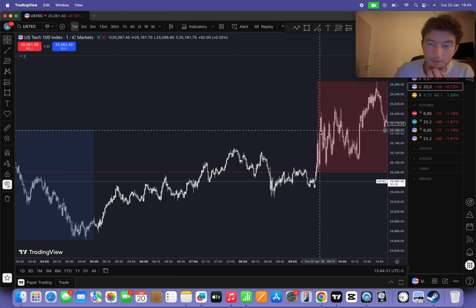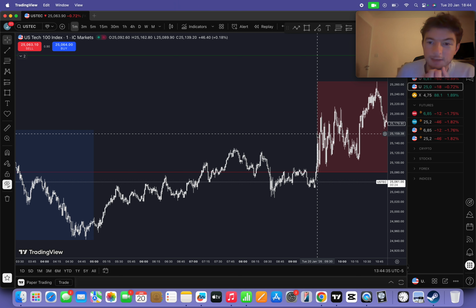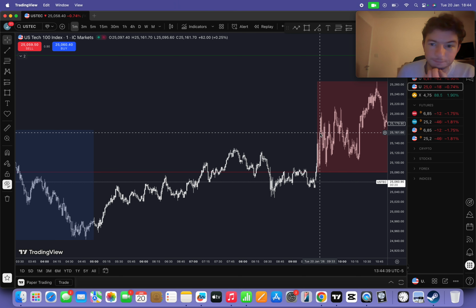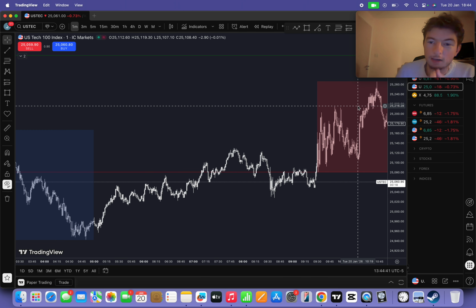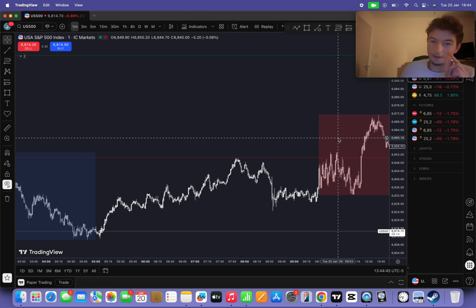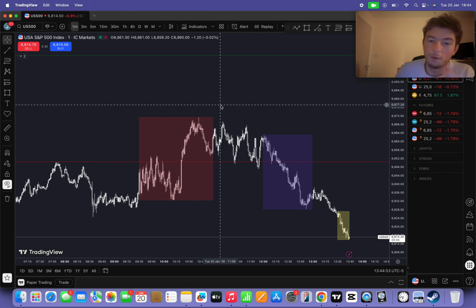So where I went short on the S&P is where the Nasdaq took the London high at the same time. I thought there was going to be an SMT, and that's the key thing. I thought this was going to happen because of that, and I didn't wait for confirmation.